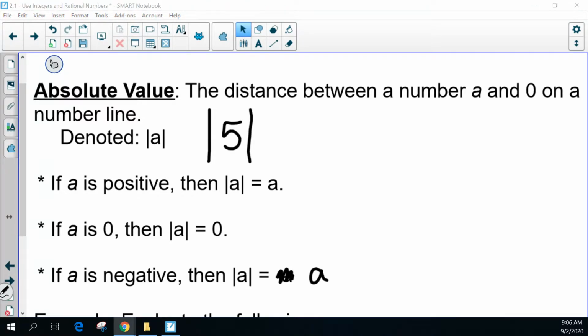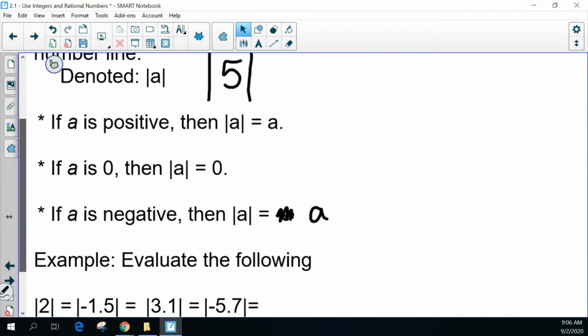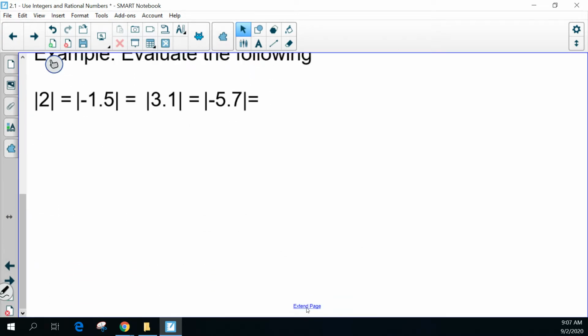Okay. So we're going to practice some of these. These are all kind of jumbled together, so I'll rewrite them. Here's our first example. Absolute value of 2 would just stay 2, but you would remove the absolute value bars.